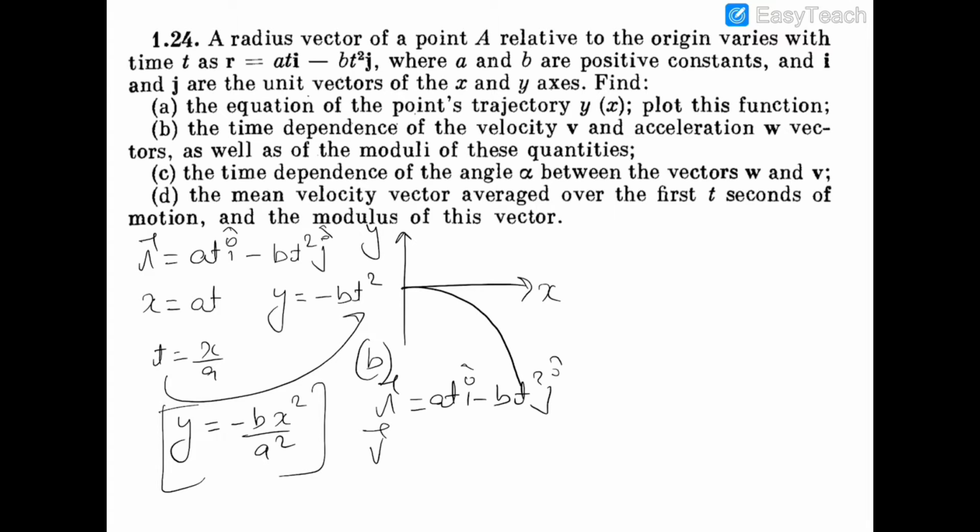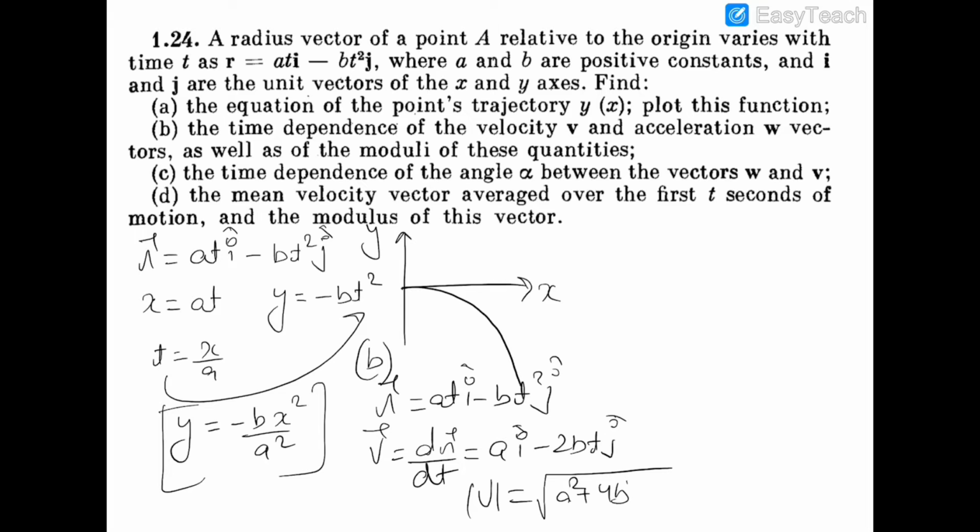So v vector will be dr by dt, and dr by dt would be a i cap minus 2bt j cap, and the mod of v would be under root of a square plus 4b square t square, while a vector would be equal to minus 2b j cap, and its magnitude will be 2b.